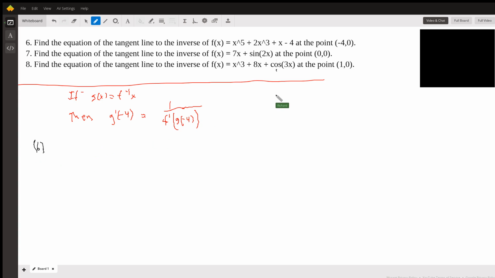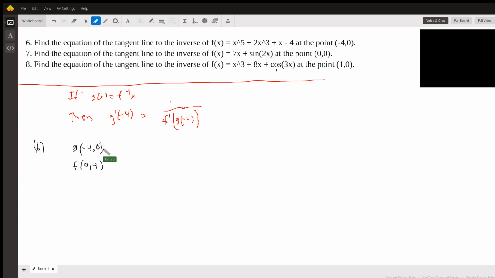Now we know that the inverse travels through, so if g travels through -4, 0, then f must travel through 0, -4, because they're inverses of each other.